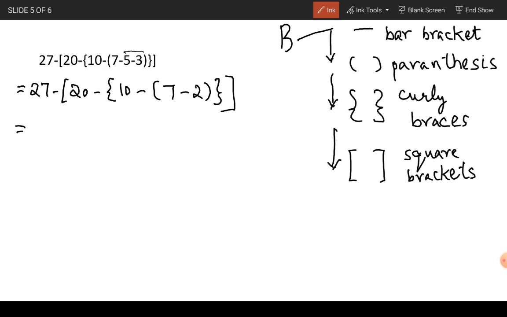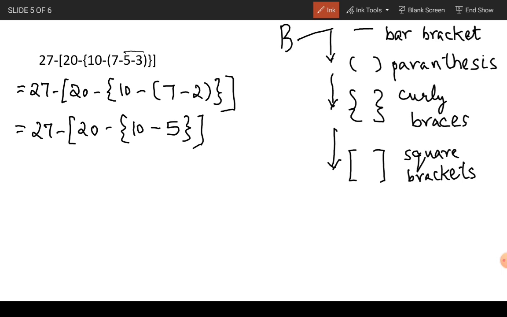The next is the parenthesis. So 7 minus 2 comes inside the parenthesis, I will have to solve that. 27 minus square bracket 20 minus 10 minus, since 7 minus 2 is 5, I shall write this here. Close the curly brackets, close the square brackets.